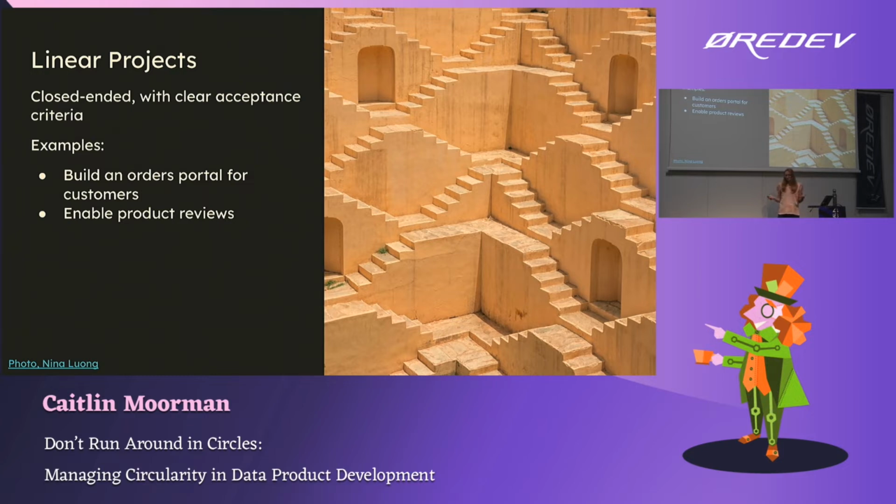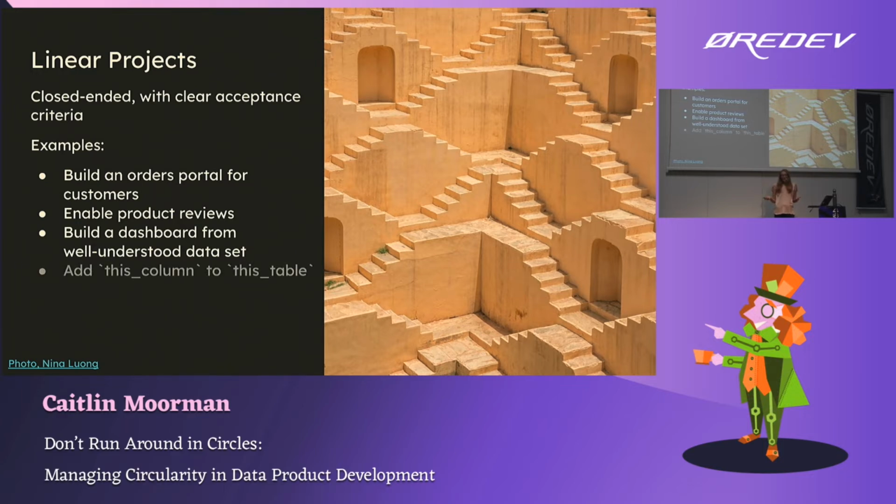Some of this work is very predictable as well. You might build a dashboard based on a data set that you understand well and can predict what's possible. You can add a column to a table in a data warehouse. There are a lot of more engineering-oriented tasks in the data world that look a lot like a linear project. These projects tend to be easier because stakeholders have a linear mental model.